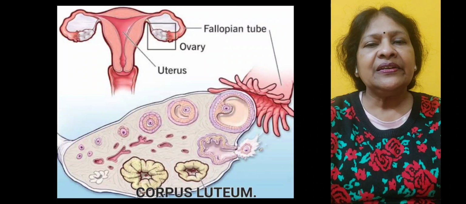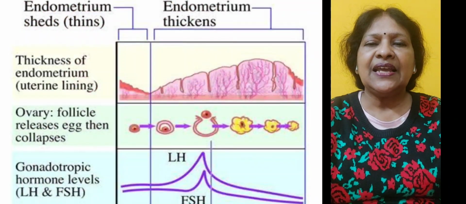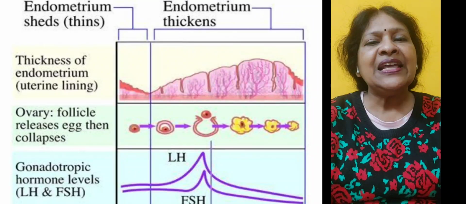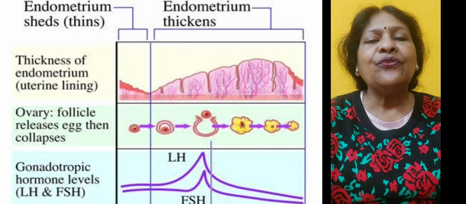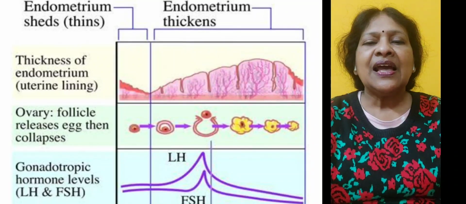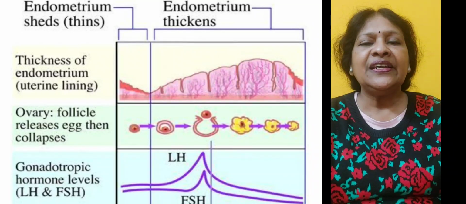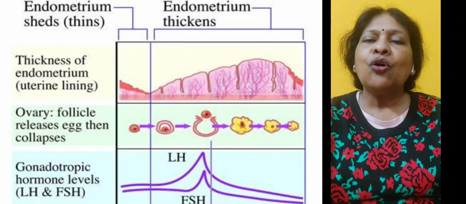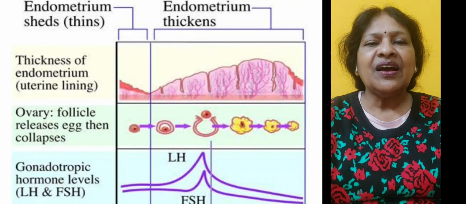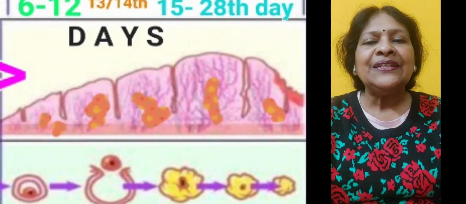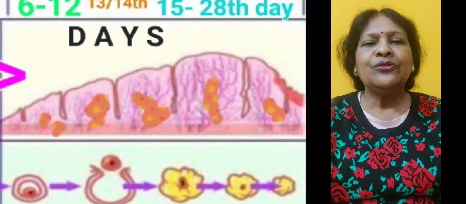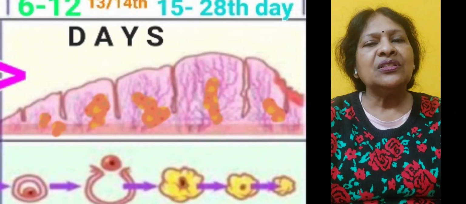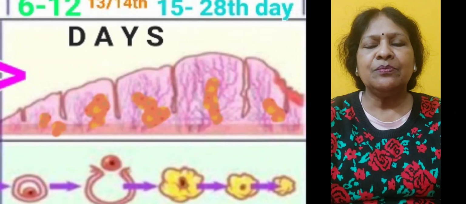But on the other hand, if the egg was not fertilized, then what should happen? In that case, the progesterone level will tend to fall after a few days, and after around 7 to 8 days the corpus luteum will degenerate and turn into corpus albicans. This is a degenerating body, whitish in color, and this will not be able to maintain either the level of the progesterone or the lining of the endometrium.